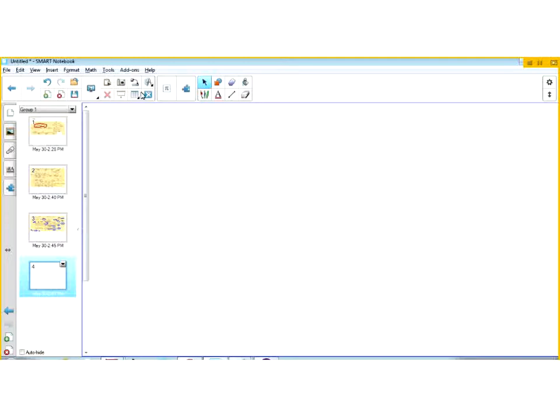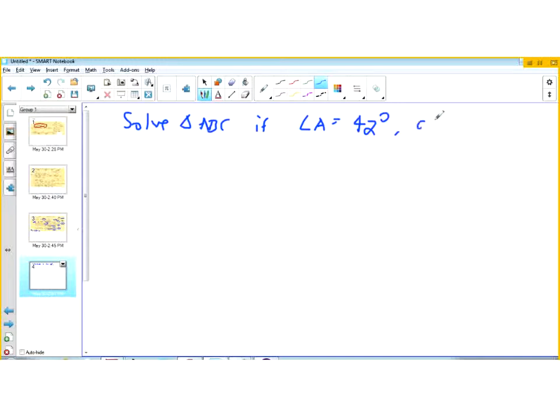Okay, so let's see what that would be like. Suppose I ask you to solve triangle ABC. So this will be case 4. If the measure of angle A is equal to 42 degrees, a is equal to 70, and b is equal to 120.